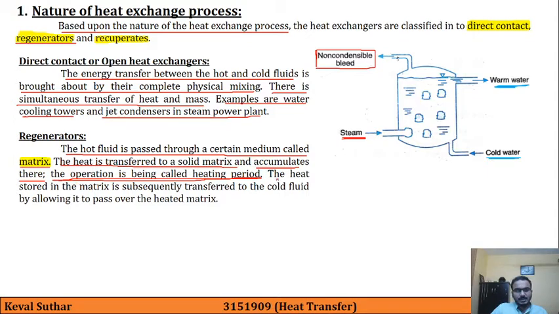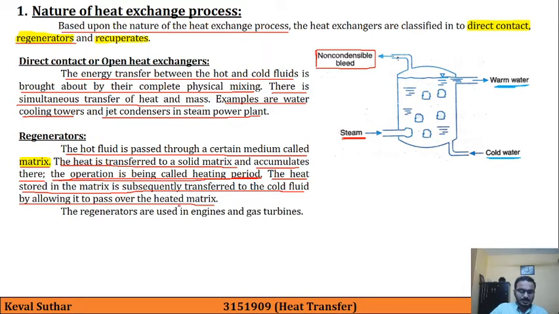Now the heat that is stored in this matrix is subsequently transferred to the cold fluid by allowing it to pass over the heated matrix. So this is the matrix which is being used in this way, one by one, that first it is being heated with hot fluid, the heat is being stored in the matrix, and whenever it is required, the heat is released to the cold fluid.